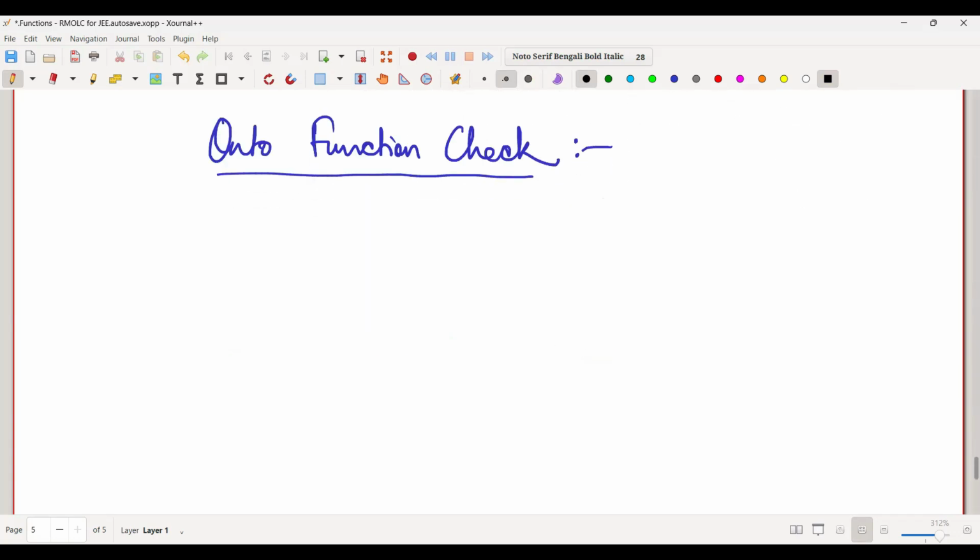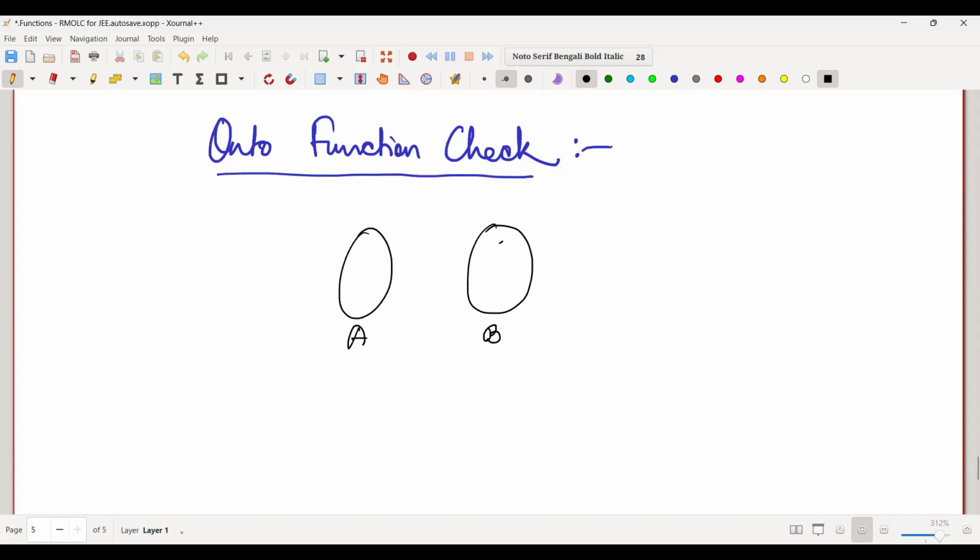So for onto function, according to the definition, what was onto function? Onto function was for every element of set B, there should be at least one pre-image.